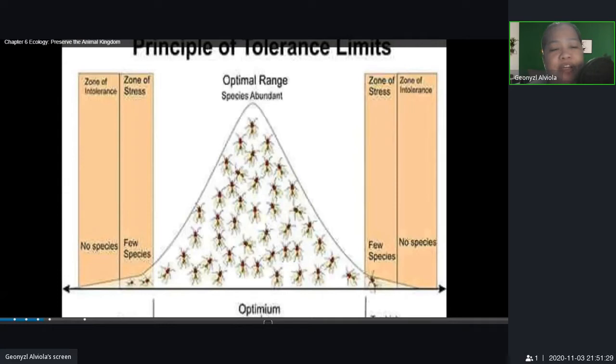But on the left and right side corners, we have the zone of stress and the zone of tolerance. This is the area where it is no longer favorable or tolerable for the organism to live in. In short, these are the extreme environments. And if we say extreme, the population of these animals is smaller compared to the population of animals living in the optimal range.